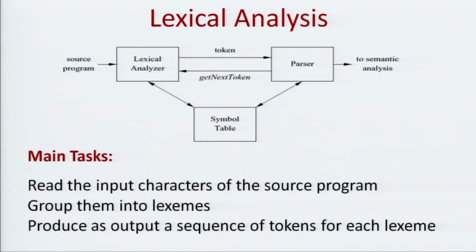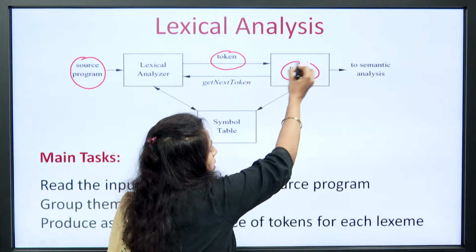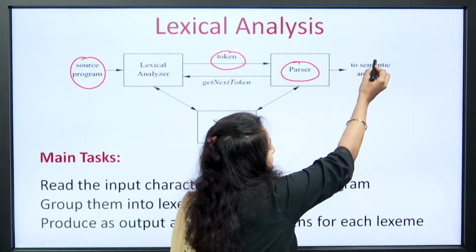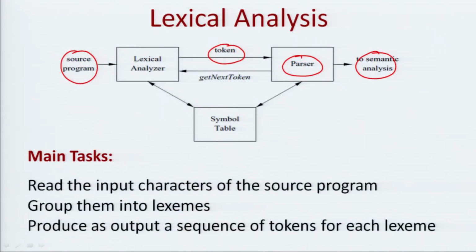Now, we will go into detail on how lexical analysis identifies or obtains the token. First, we will see the placing of lexical analysis. Input to lexical analysis is the source program, and the lexical analyzer will produce the token, and that token will be input to the parser or the syntax analyzer, and the output of the syntax analyzer will be input to the semantic analyzer.